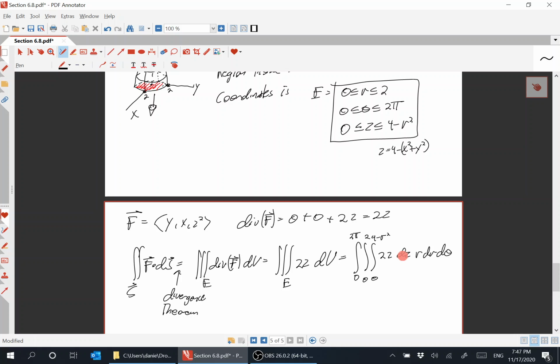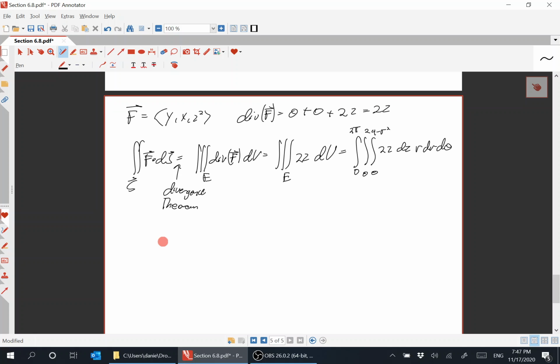You do z first, then multiply by r, and then you get dr d theta. The antiderivative with regard to z is just z squared, from z equals 0 to z equals 4 minus r squared, times r dr d theta. So this is the integral from 0 to 2 pi, integral from 0 to 2, of r times (4 minus r squared) squared dr d theta.